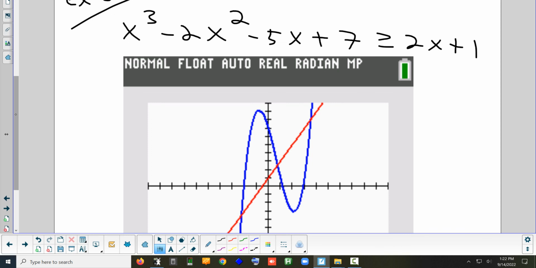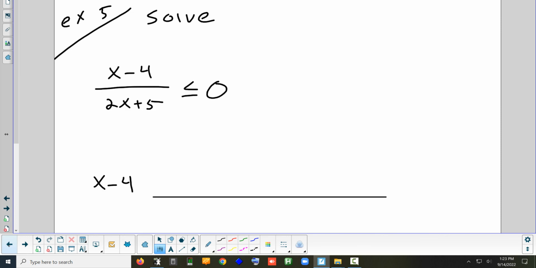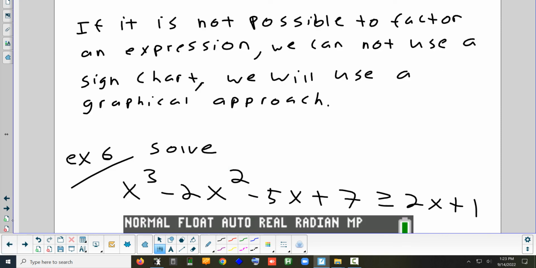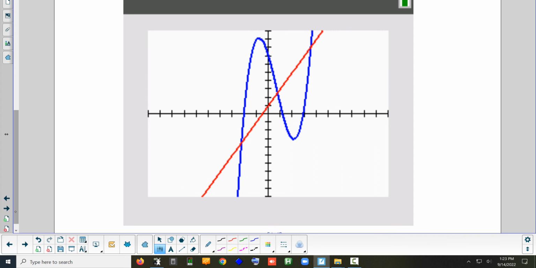Can you explain to me what you're thinking about why you said 3? There are 3 intersections, so there would be 3 times it's above. So there are 3 intersections, but think of it like if you were tracing your pencil when the blue is above the red. How many sections would you draw if you were going to trace over the section where the blue is above the red?